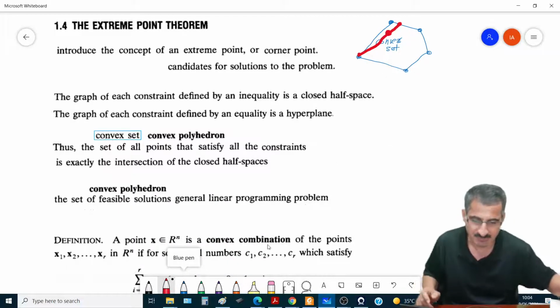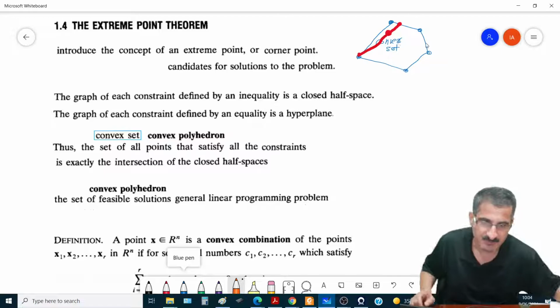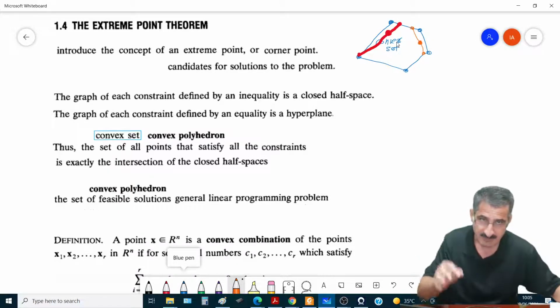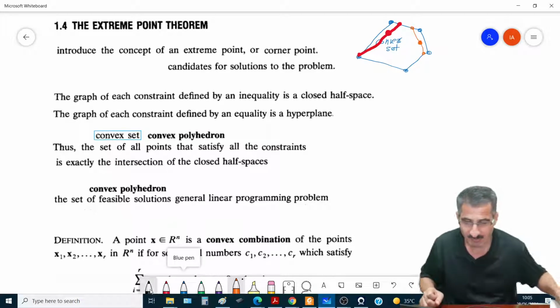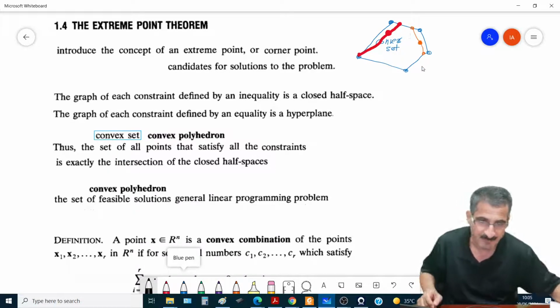Okay, choose another point. If we choose this point, we can find 2 points on the convex set, say this one and this one, so that if we connect them, then our point will lie on the line segment. So both of these points are not extreme.